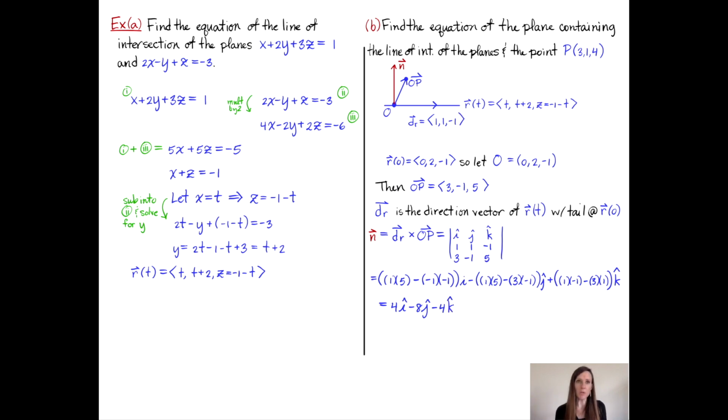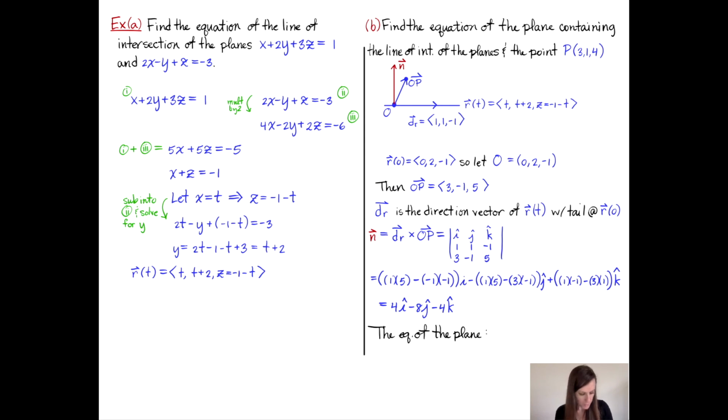So now we have our normal vector and we have our point (3, 1, 4). We can use that to find the equation of the plane containing our line of intersection and the point.